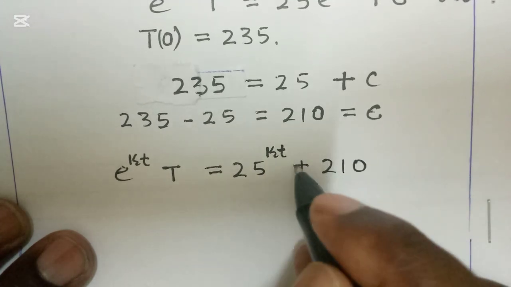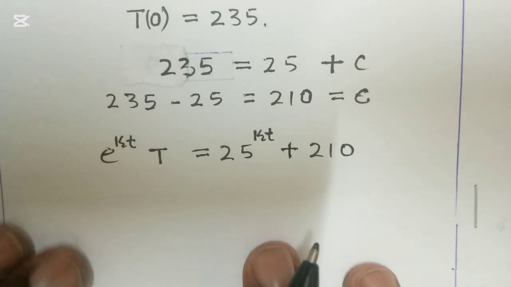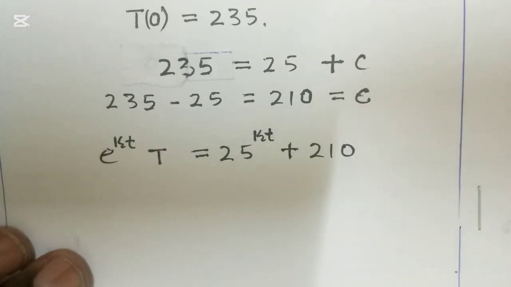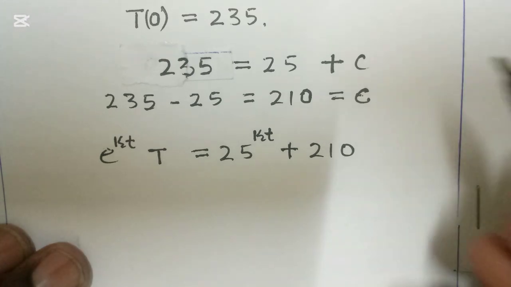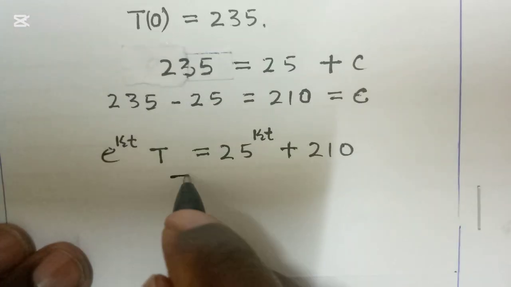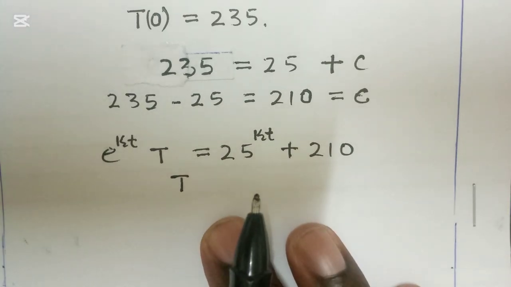So guys, we are going to use this equation. But remember, we still have a constant, which is K. So for that constant, we are going to use now the T equal to now what we had here.